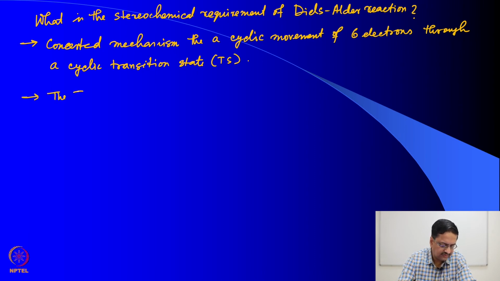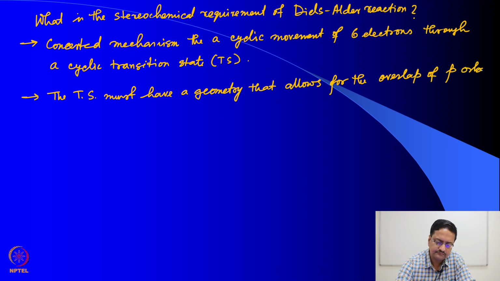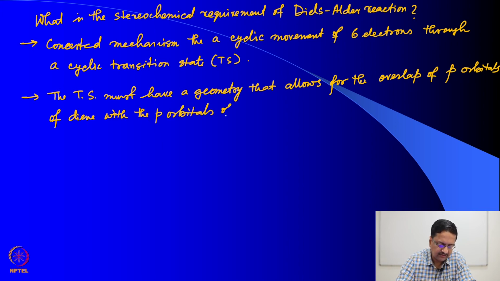The transition state must have a geometry that allows for the overlap of p orbitals of the diene with the p orbitals of the dienophile.